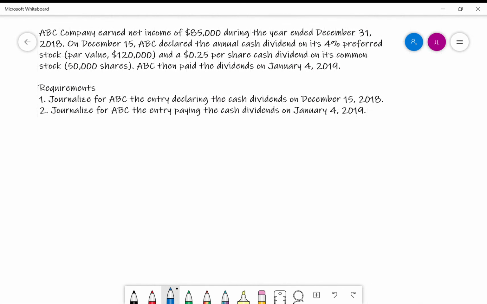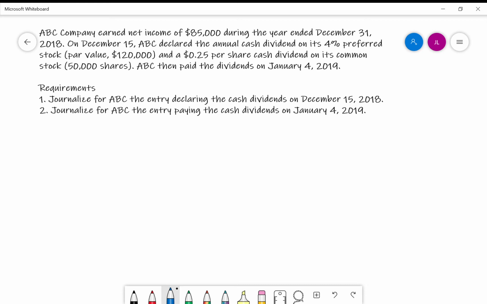Okay, we have cash dividends here that we're looking at, and ABC Company earned net income of $85,000. On December 15th, they declared an annual cash dividend on its 4% preferred stock with a par value of $120,000 and a 25-cent per share cash dividend on common stock, of which they had 50,000 shares.